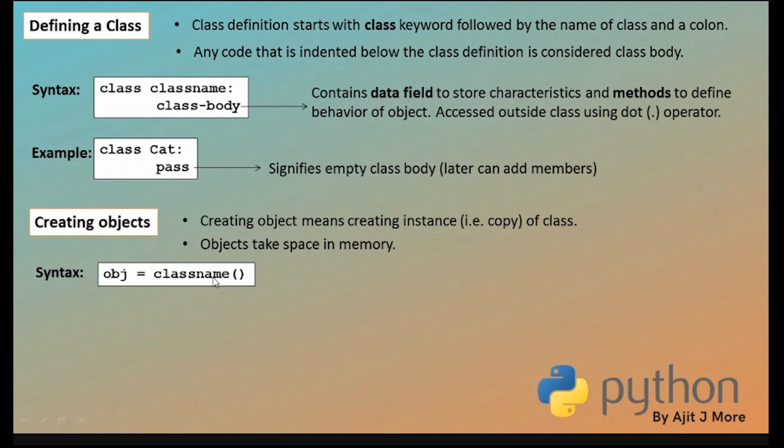So you have to give a class name, round brackets, and when an object, that is a copy of that class, is created, you get a reference, and that reference is stored here.